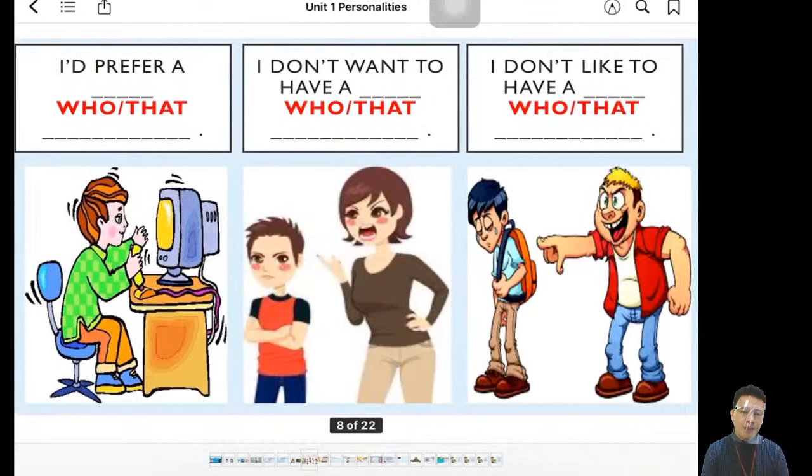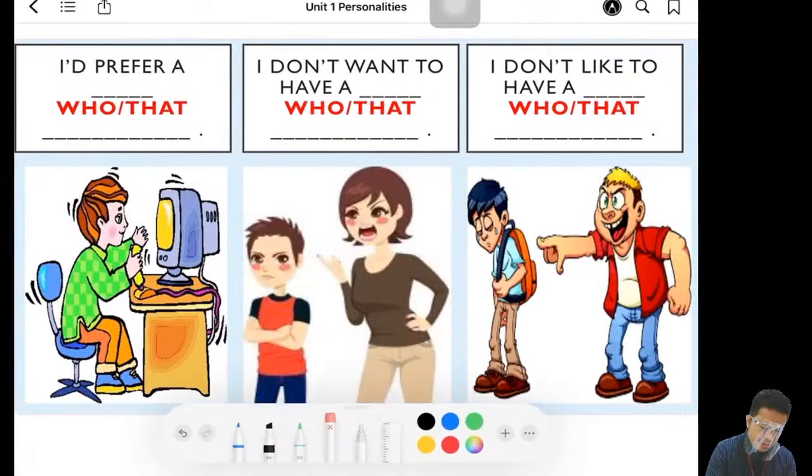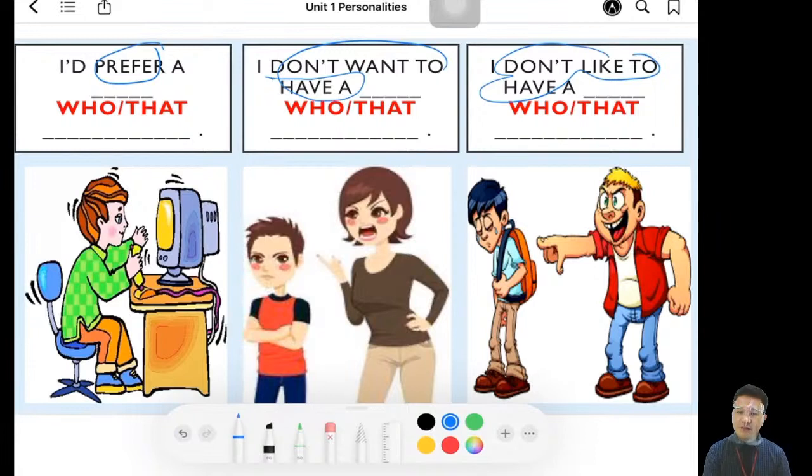There's one. We have here the verbs prefer, don't want to have, don't like to have. Remember, we used many verbs already: don't like to have, don't want to have, prefer, and like. This time, look at picture number 3.